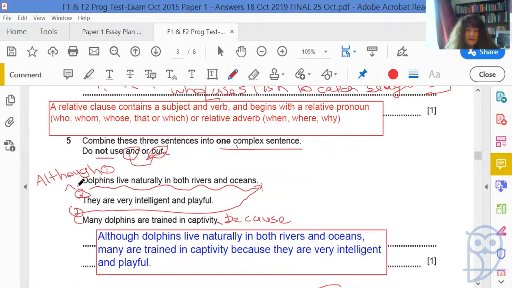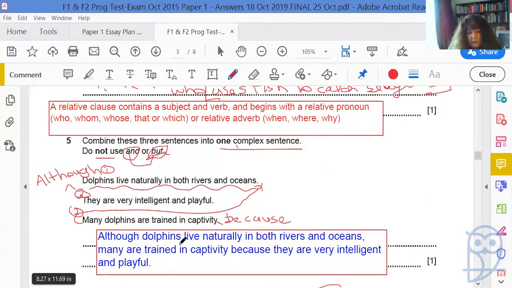You can't just write, dolphins live naturally in both rivers and oceans, comma, they are intelligent and playful, comma, many dolphins are trained in captivity, because that sentence would just not make sense. So you've got to sense check it, as well as make sure you get in whatever connectors they are asking for. Again, it's about following those instructions.